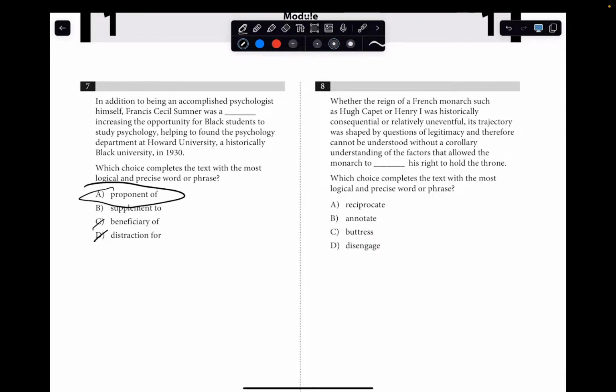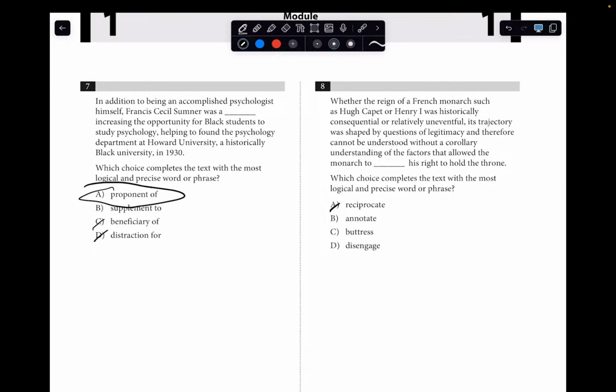8, whether the reign of a French monarch such as Henry I was historically consequential or relatively uneventful, its trajectory was shaped by questions of legitimacy and therefore cannot be understood without an understanding of the factors that allowed the monarch to blank his right to hold the throne. So what fits there best? Reciprocate?